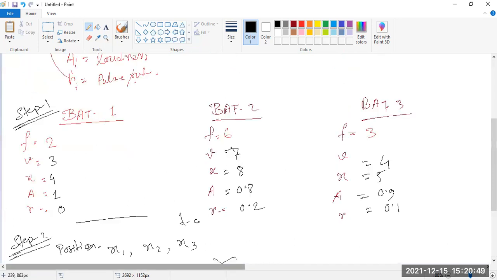So these three things will be considered for the iteration t equal to 1. Then we will select which one is the best.